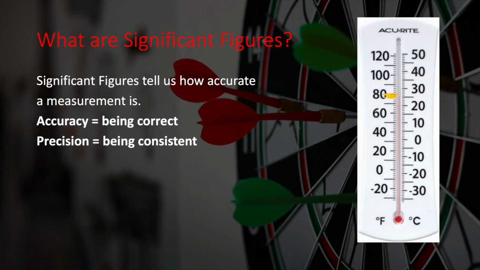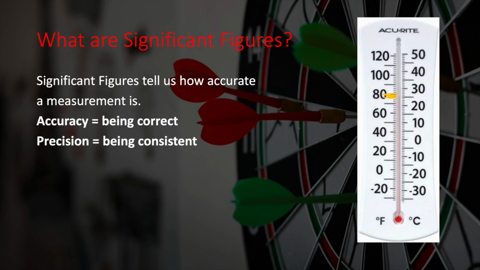We can't say it's 81.9995478. We can't say there's a specific decimal value to it because this thermometer does not measure that far. There's no little notch that says that, so we can't say it without having a little part of us thinking that we're lying. But if it's at the 80 line and we say it's 80, we're confident.